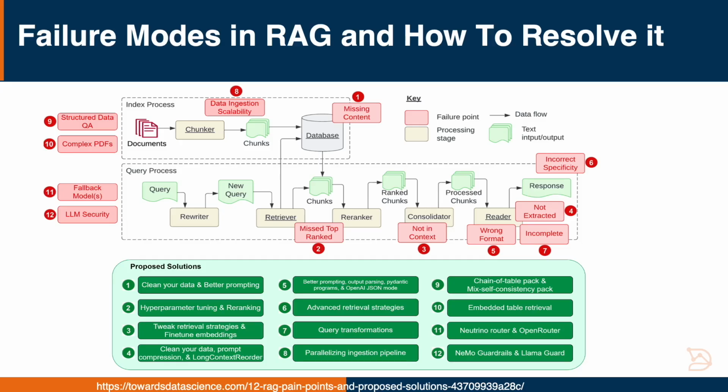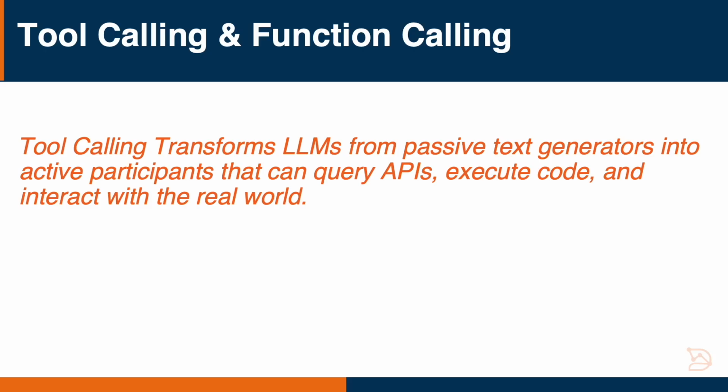But with RAG, just as I mentioned, if it was adopted, then most of these failure points can be resolved earlier in your company. Okay, now we move on to another amazing thing, which is tool calling and function calling.